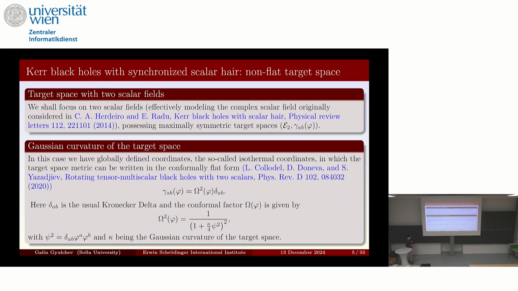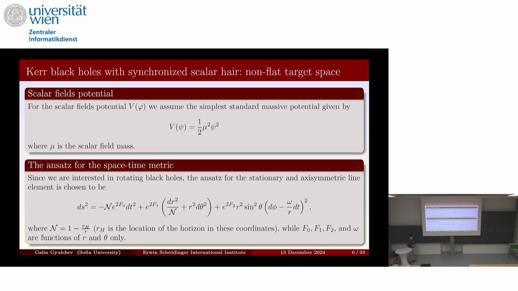Which means that if we really use this model, we can change the hairiness of the scalar hair, and for some given mass of the scalar hair, we can introduce in addition the Gaussian curvature of the target space, and see what will happen with the models after that.